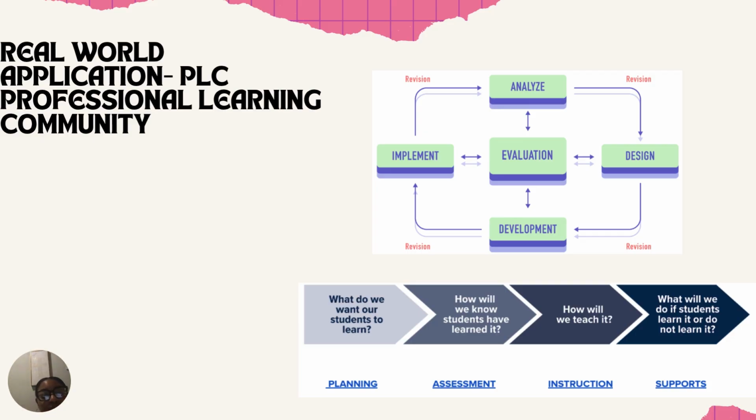If more than 50% of the students failed on that standard, then we need to analyze, as a community, do we need to do a whole class reteach, or do we need to just pull small groups? That's where what will we do if students did not learn comes in, because that's the reteach process. Is it small group, or will it be a whole class reteach before moving on to another unit?